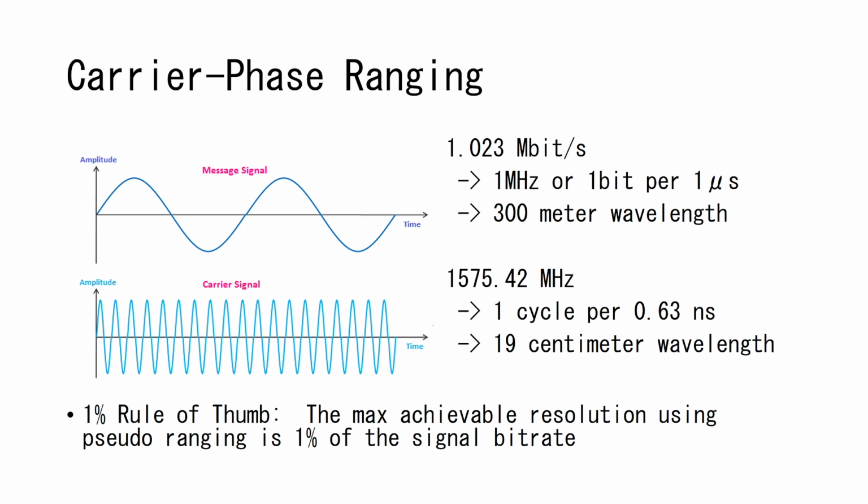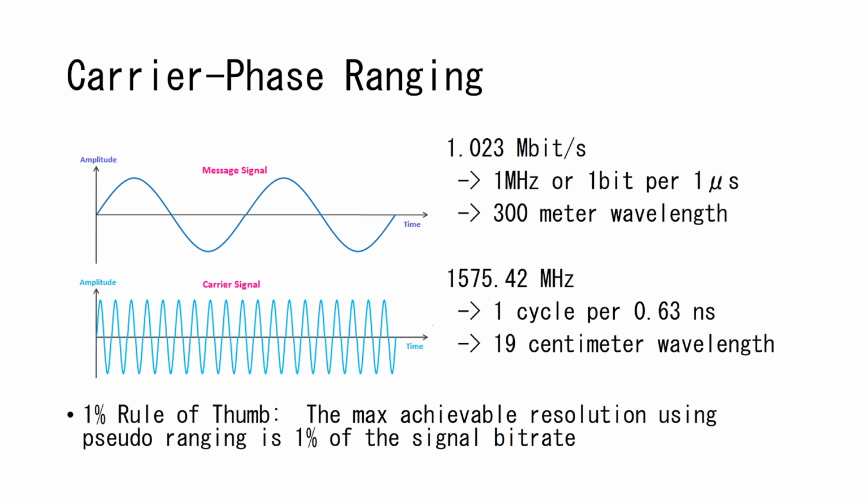So we can say roughly 1 megahertz is the bit rate for that particular message. So we get a bit every 1 microsecond. If we use the speed of light, that means that each bit is taking up a 300 meter wavelength. So the wavelength between each of those is going to be 300 meters long. Now, what does that mean?